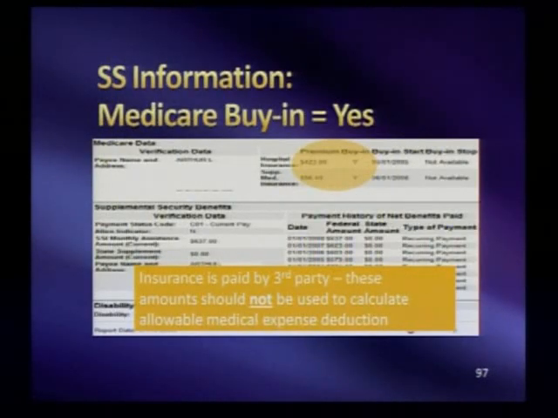Also, here's a screenshot, and I wanted to share this with you because a lot of people do not understand that when it says Social Security Medicare buy-in equals yes, typically that means that the listed insurance premium is being paid on behalf of the tenant by a third party.